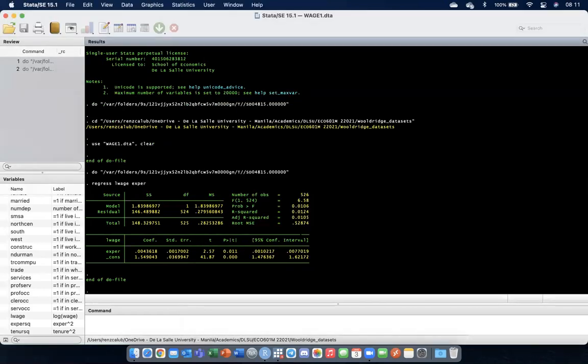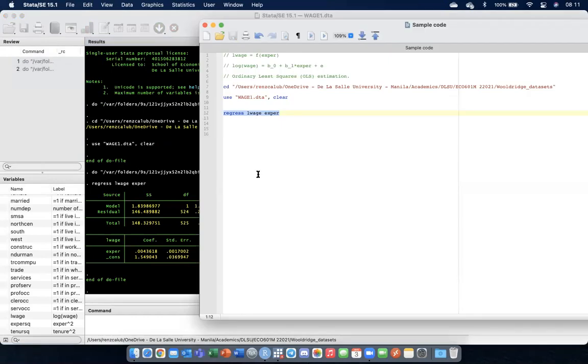Now, the reason why it's called the OLS estimator is basically that we're linearizing the relationship between log of wage and experience. We're trying to fit a line that encapsulates the relationship between wage and experience. And one thing that can convince you that we're trying to fit a line here is if I try to plot this log of wage with experience.